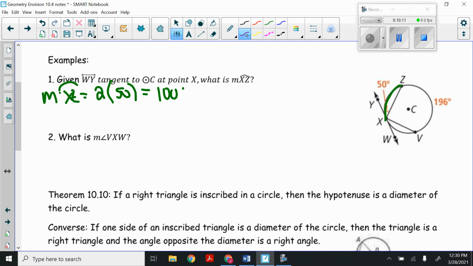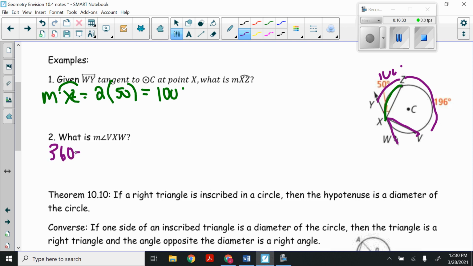Now, number 2 says, what is the measure of angle VXW? So VXW, this angle down here. I know this arc over here is 196. We just found this arc to be 100. So we know the entire circle is 360. So first we need to find that missing arc.